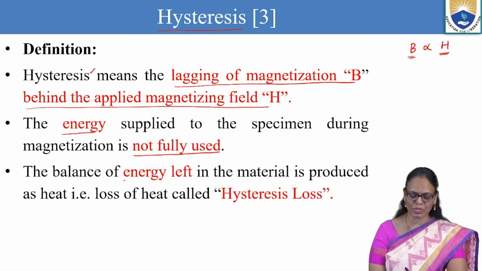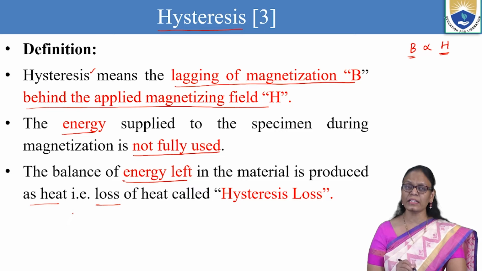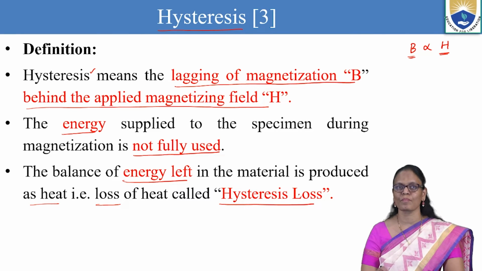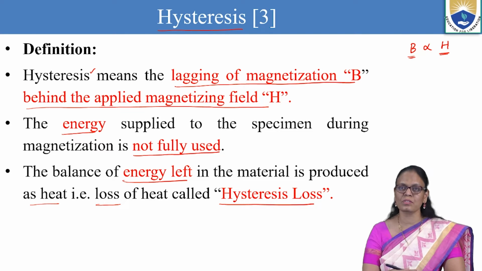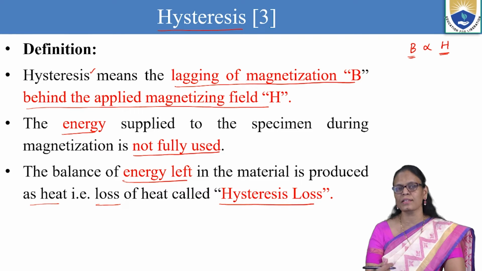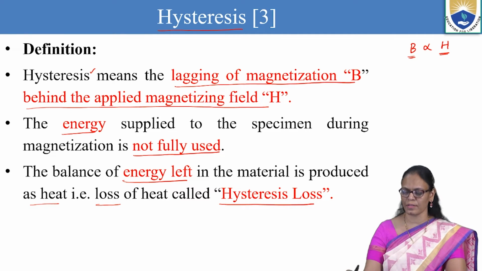The balance of energy left in the material is produced in the form of heat, and this loss of heat we call hysteresis loss. So hysteresis means lagging of the magnetization when compared with the applied field, and this loss of energy during the process of hysteresis we call hysteresis loss.